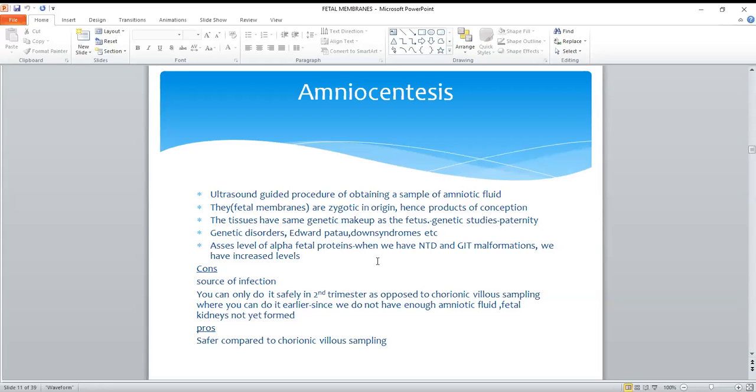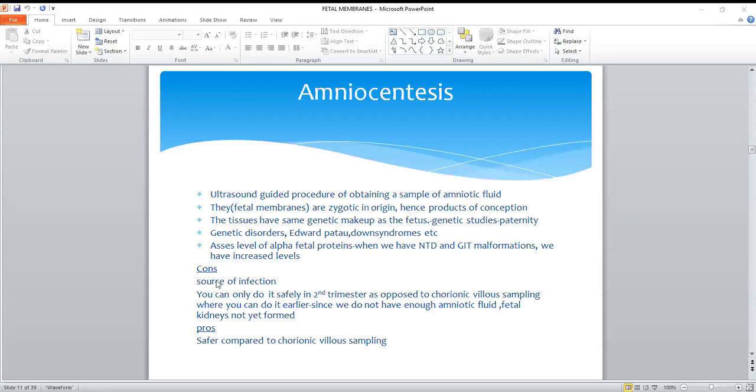When we have GIT or neural tube defects, there is usually an increased level of alpha fetal protein. So whenever we see an increased level of alpha fetal proteins, we know there might be a neural tube defect, like spina bifida, or GIT malformations.